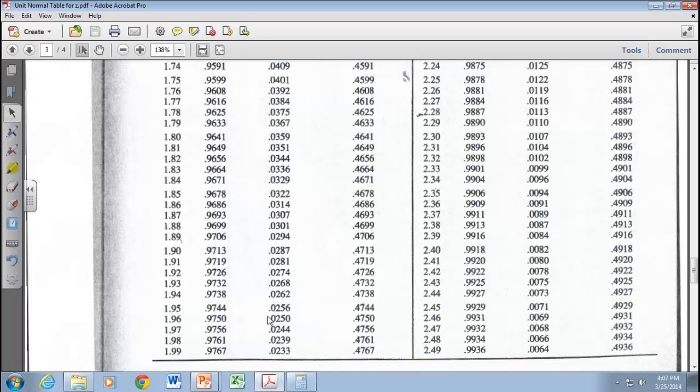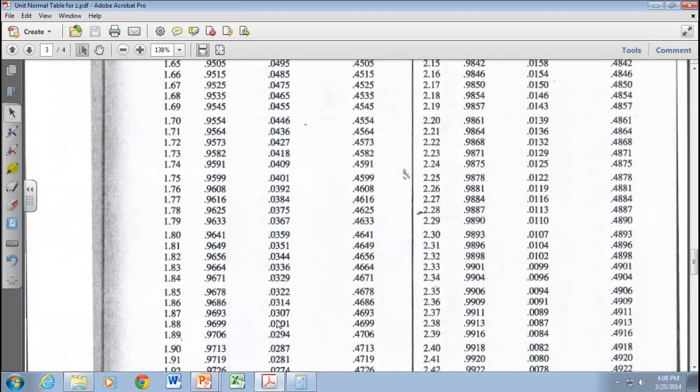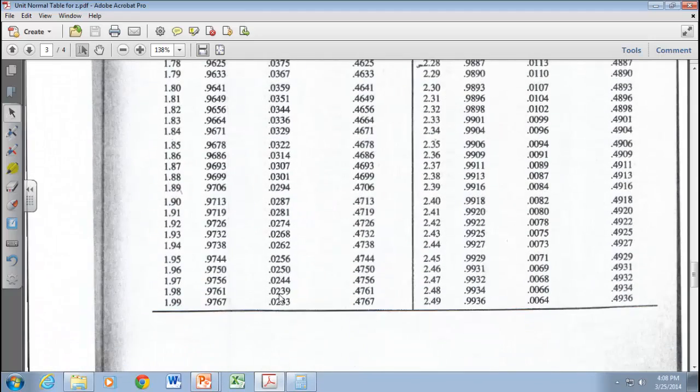But if you have a situation where you can't find the exact probability, then you go with the z-score that corresponds to the probability that's closest to the one that you're looking for. And if you have a toss-up between two that are the exact same distance away from the one you're looking for, then you always go with the larger z-score. But in this case, we actually did find 0.025 in the tail. That's what we were looking for. 0.025 gives us a z-score of 1.96.